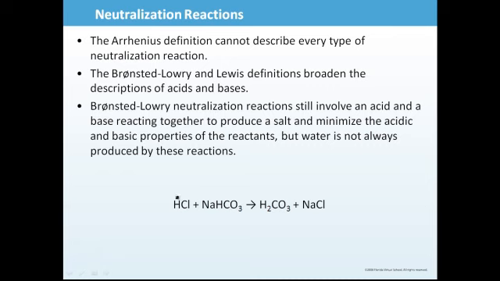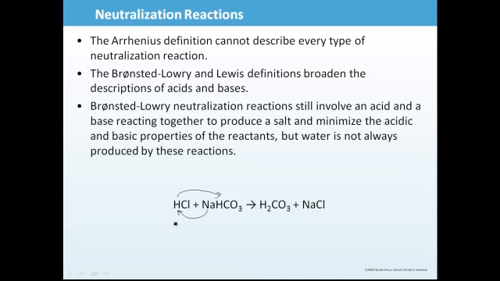So that means going back here at the beginning, the H had to have been donated to the HCO3, and the Na is replacing it. So that gives us the H2CO3 and then the NaCl.